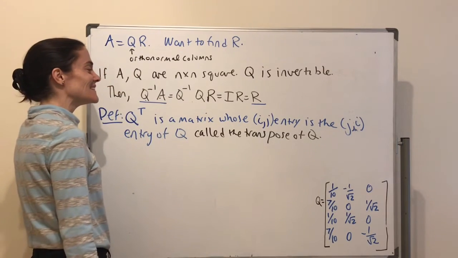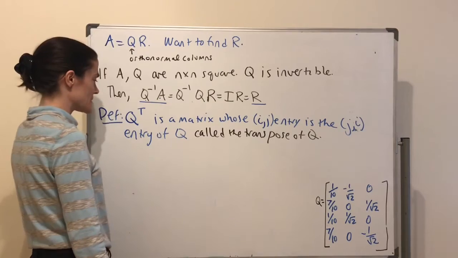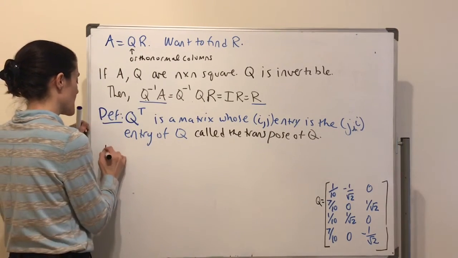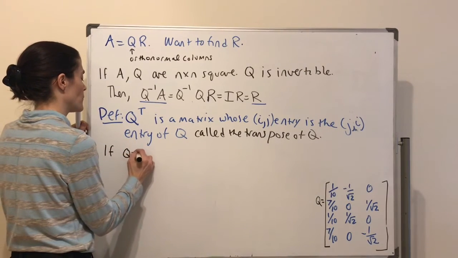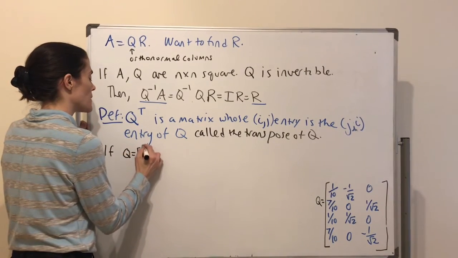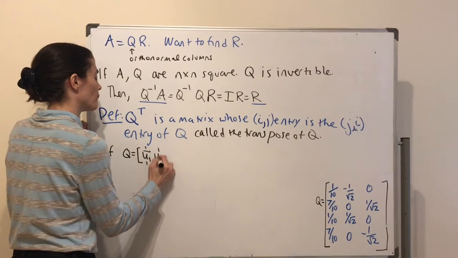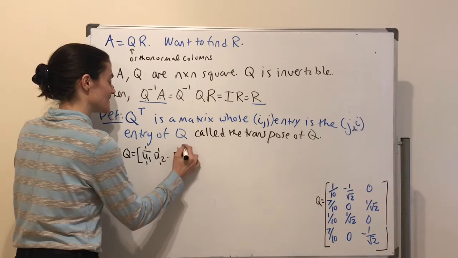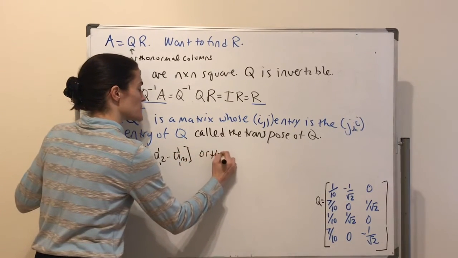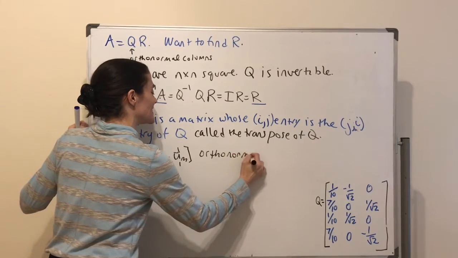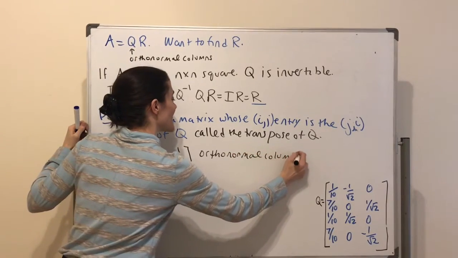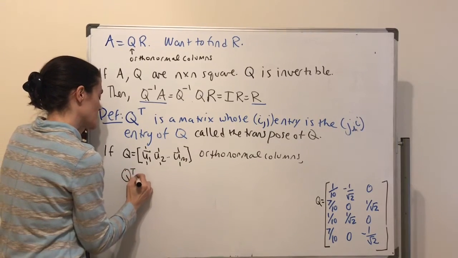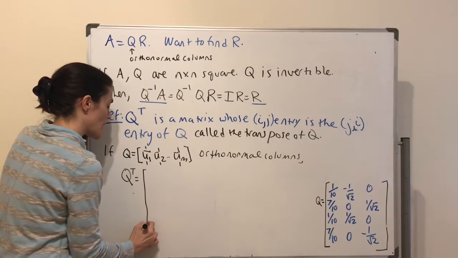Okay, why is this nice? So what happens if Q is some U1, U2, out to UM, orthonormal columns? Then Q transpose, now I'm going to write it this way.